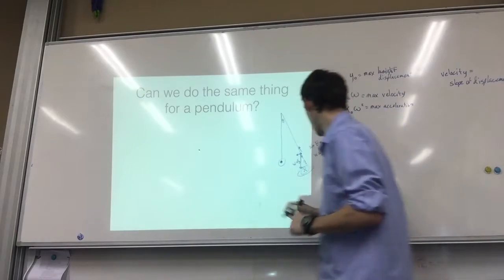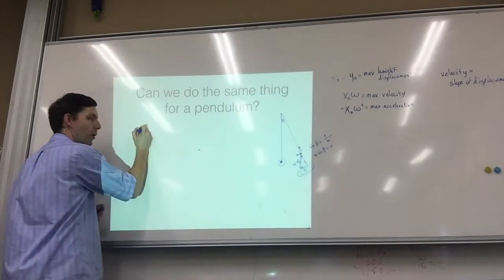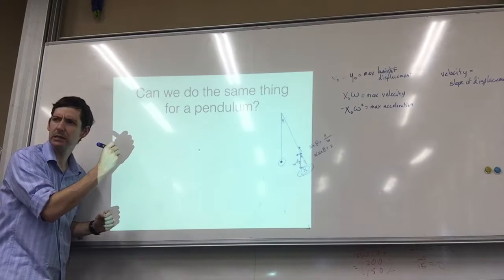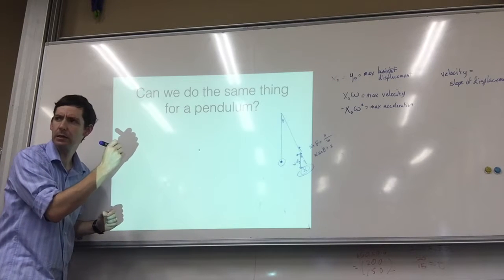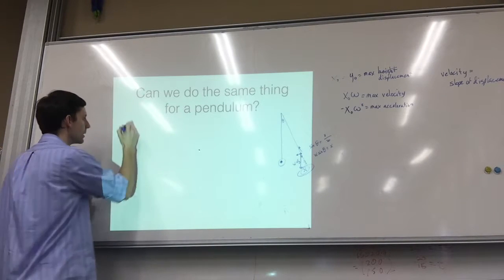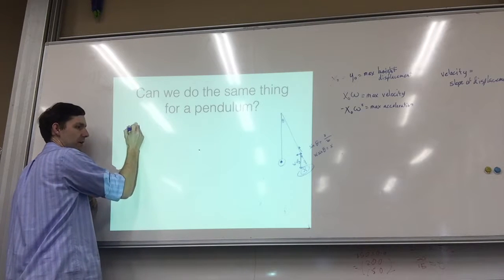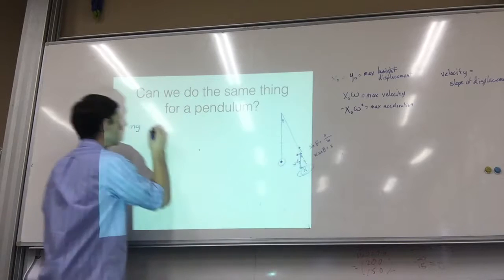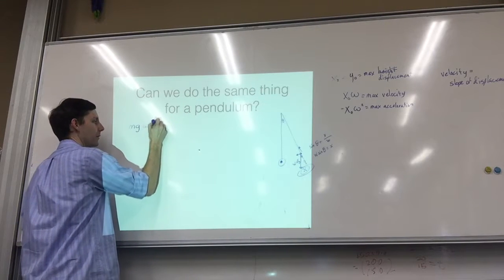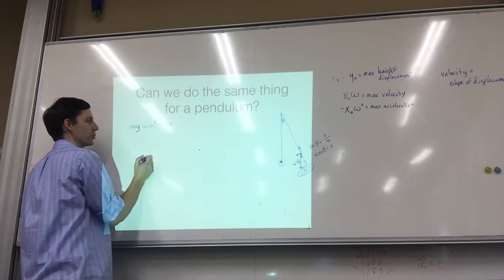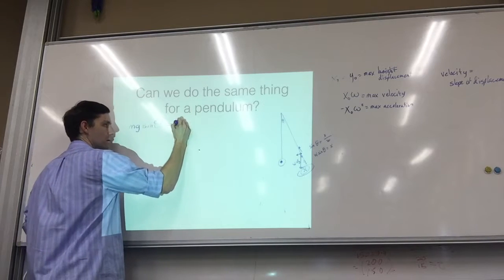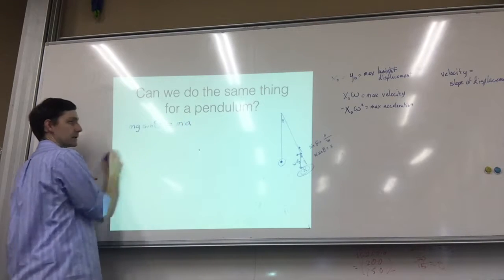So we're going to take that force, the weight. How do I get the weight? Force, mass times acceleration. So the mass times the acceleration of gravity. So that's the weight times sine of theta is equal to mass times acceleration, right?